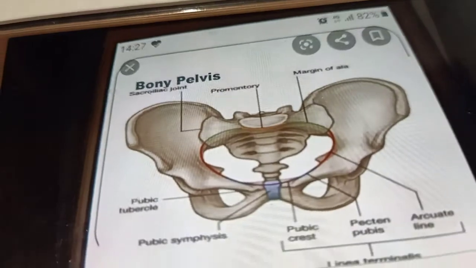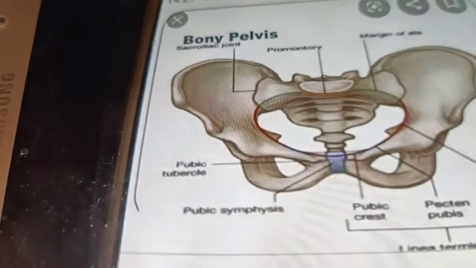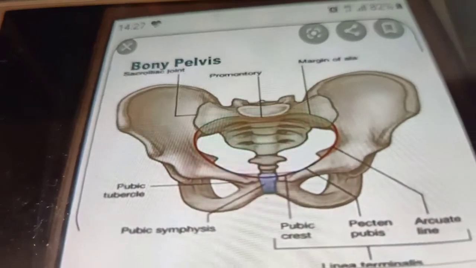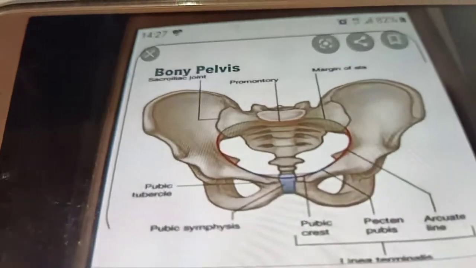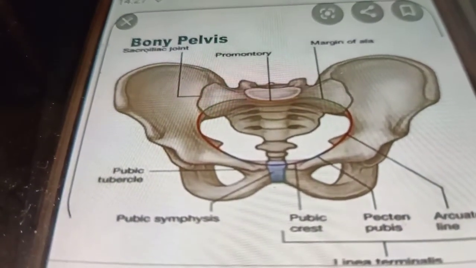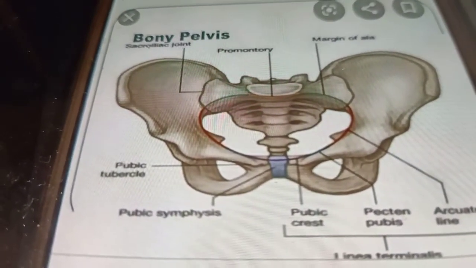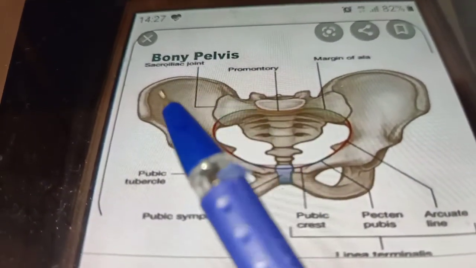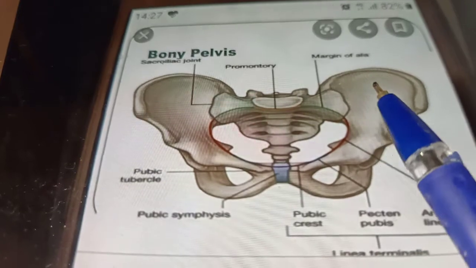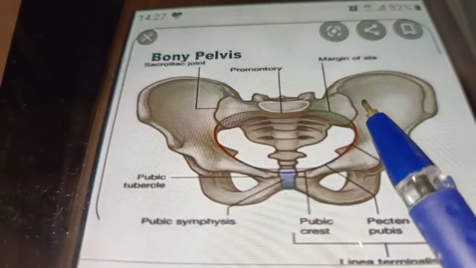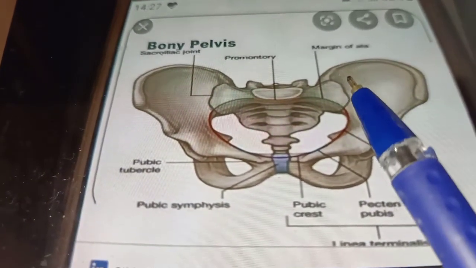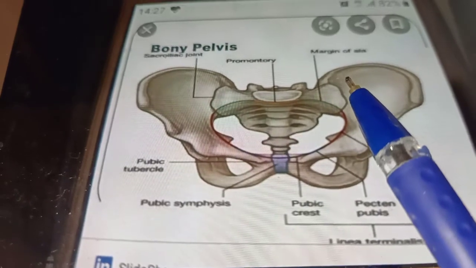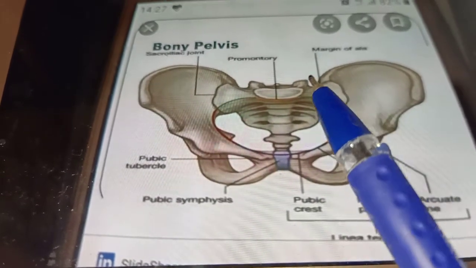Okay, so if we take this diagram, the greater pelvis, or the false pelvis, is formed by the upper parts of the iliac fossa. This is the iliac fossa, you all know. And posteriorly by the base of the sacrum.